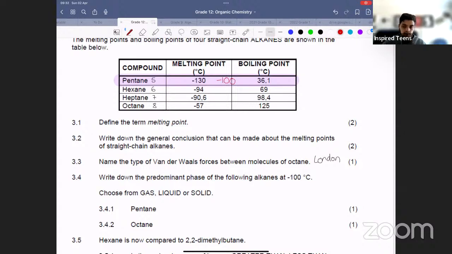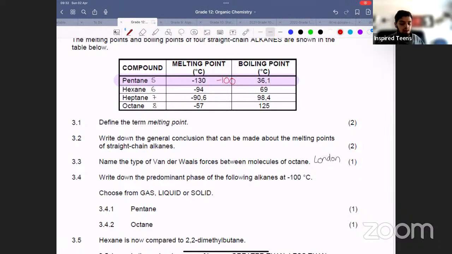So then you can tell yourself, okay, just say the temperature is negative 140. And then it rose up to negative 130, and we know for sure that pentane melted, because we reached its melting point temperature. So pentane has melted, so it went from being a solid to a liquid. Definitely.